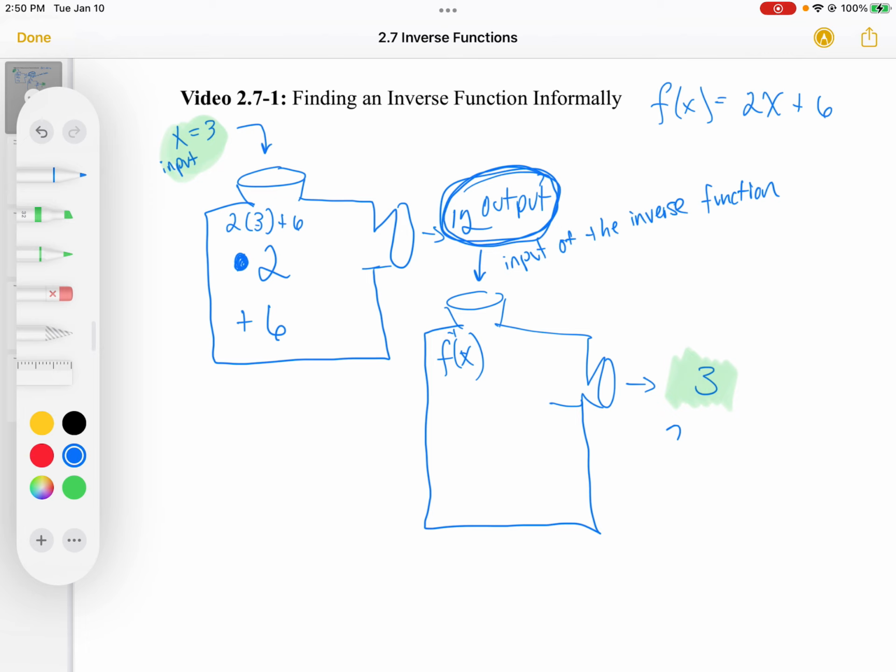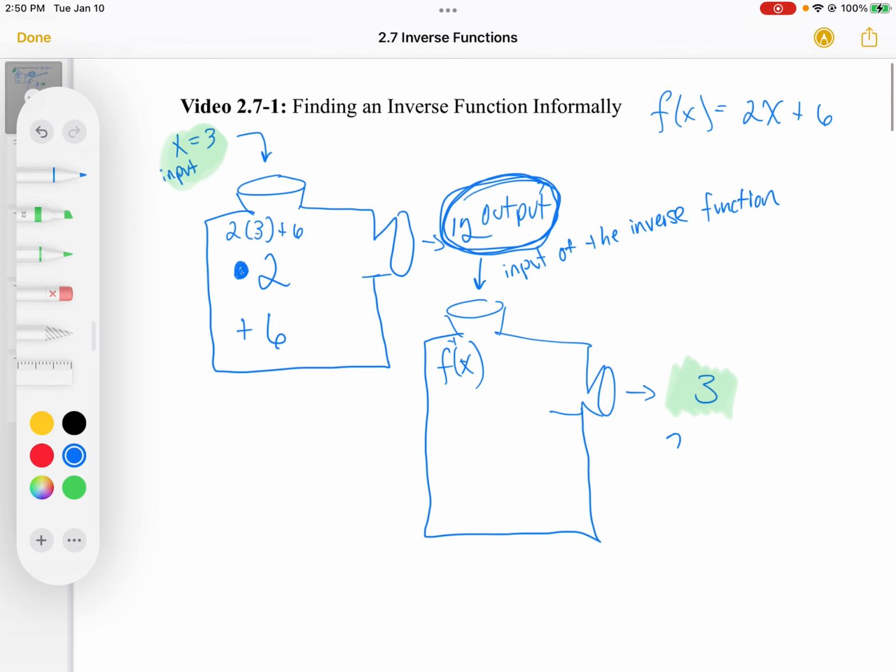So now the inverse function is going to do the opposite operation, also in the opposite order. Okay, so we know instead of multiplying by 2, it's going to divide by 2. And then we know instead of adding 6, it's going to subtract 6. But it has to occur in the opposite order.